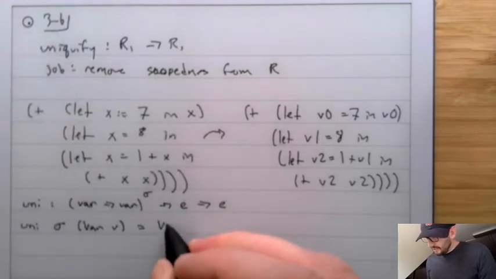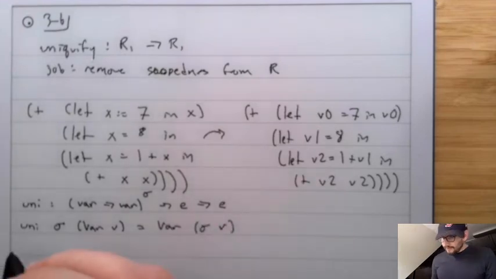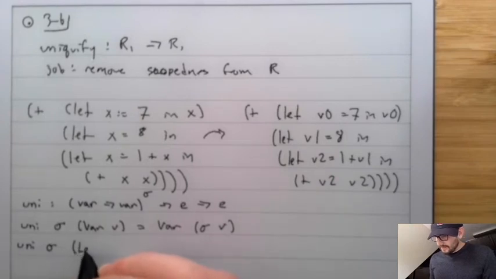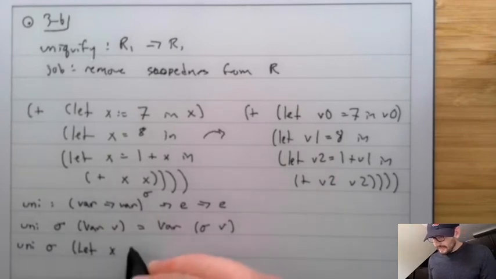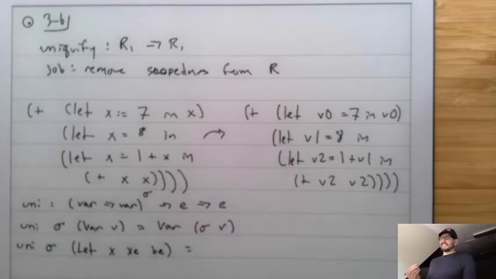We should say that it's a new variable where the variable itself is row v. Now, if we call uni on a let, where you have let x, xe, be, then what is this going to be?